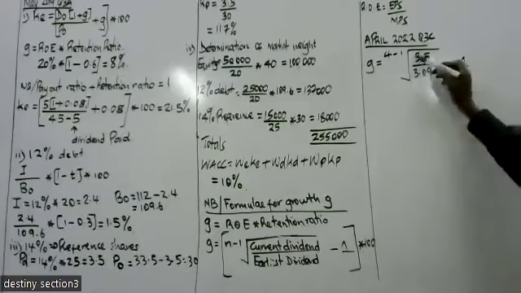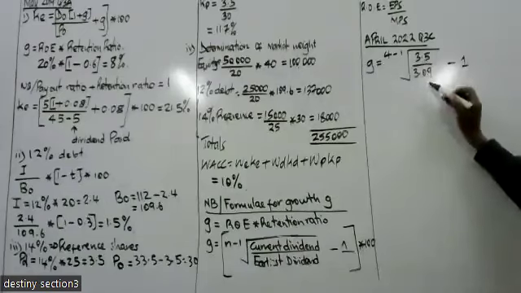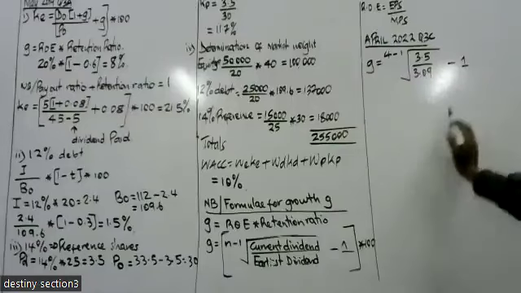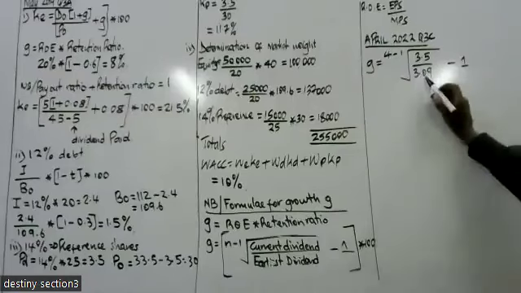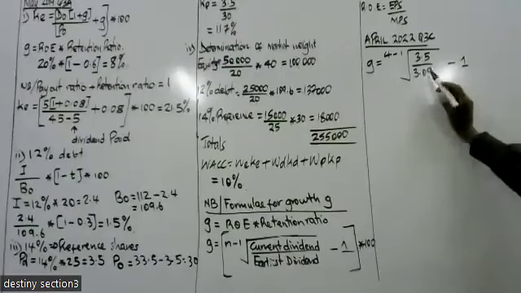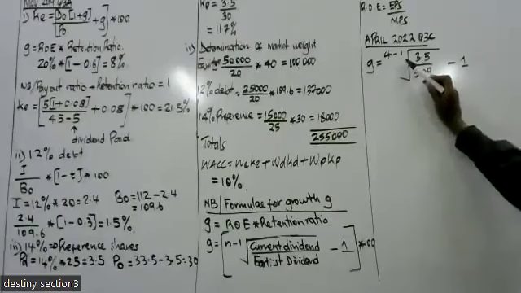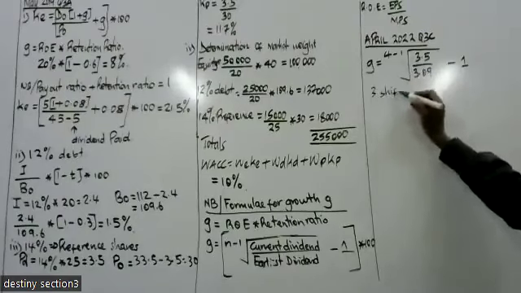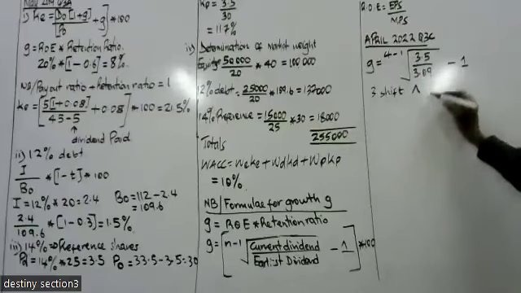Okay, so first you must find what? 3.5 divided by 3.09 gives you how much? One point something, yeah? Then the third root. So you key in what? 3 sheets.